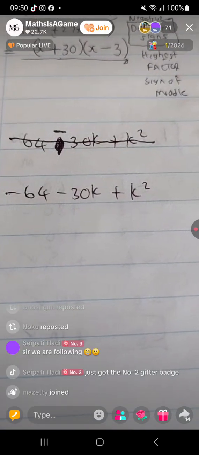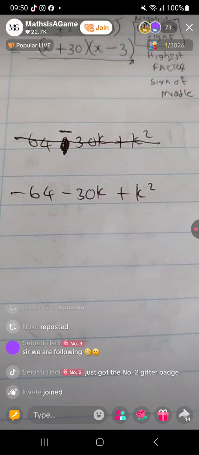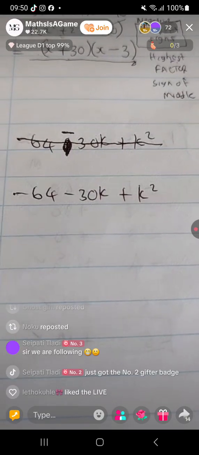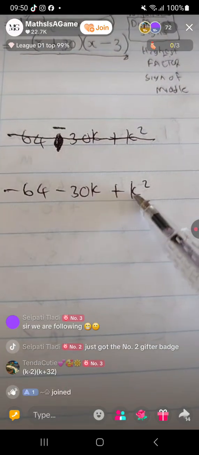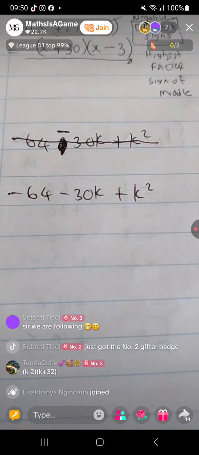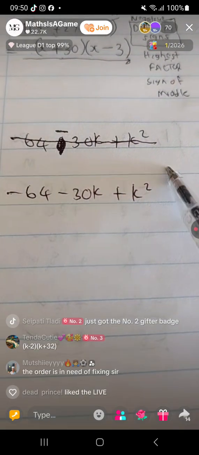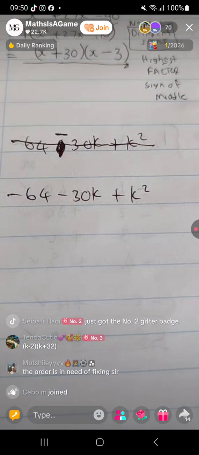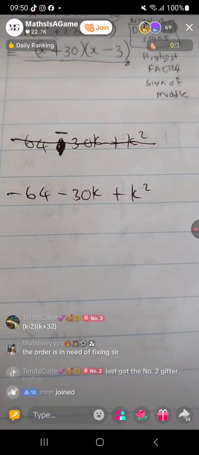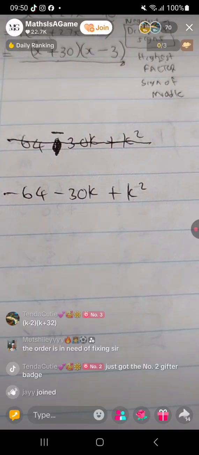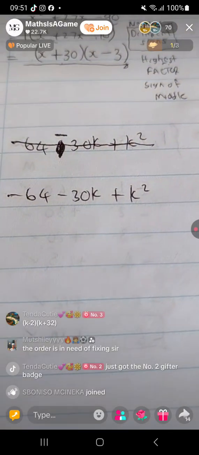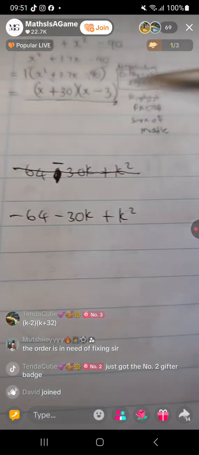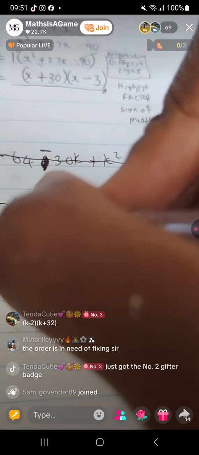You see, we see the trinomial, but we can see that the variable with the highest exponent is 2 and it's at the end. Guys, we can't have that. So the order needs fixing before we can answer other important questions about the expression. Yes, Mushi. Okay. So we're going to rewrite it.